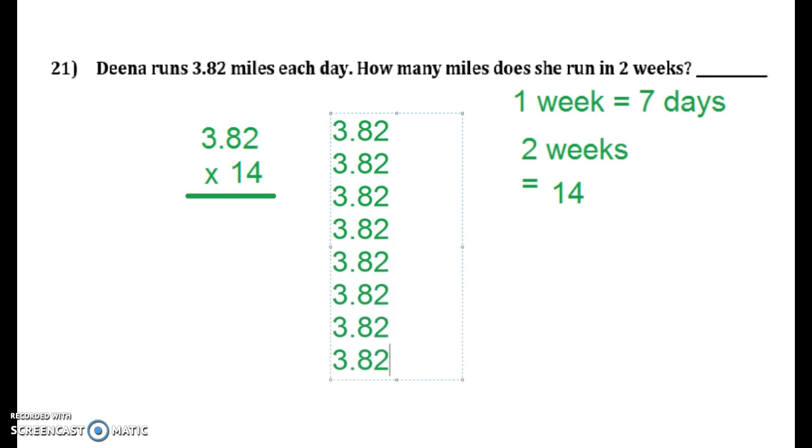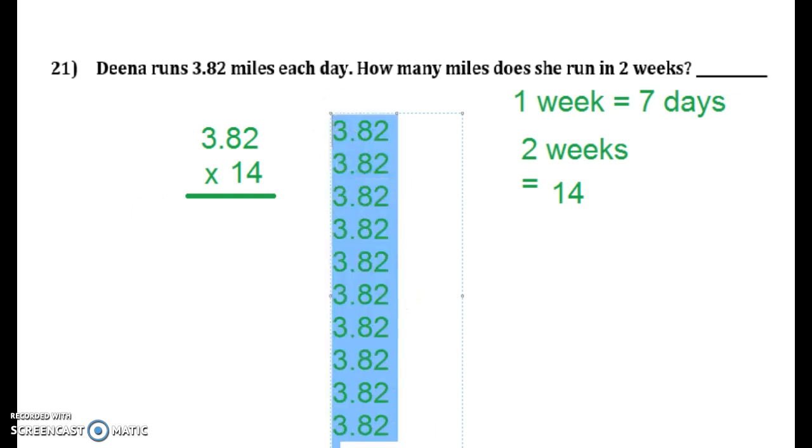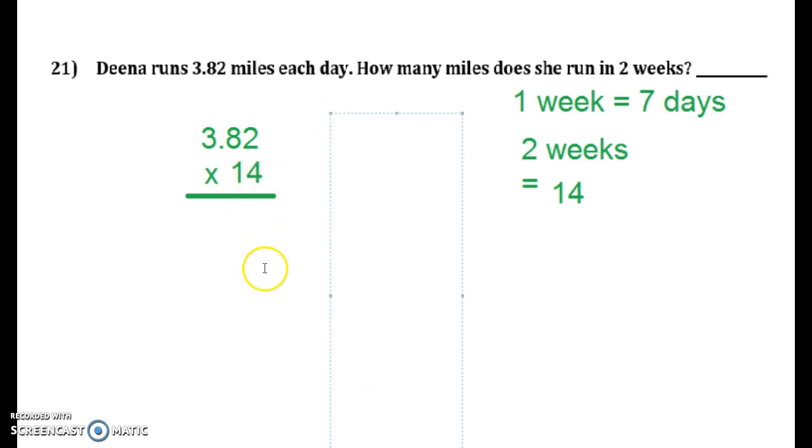And that's what multiplication is, repeated addition. So you would do it 14 times, 1, 2, 3, 4, 5, 6, 7, 8, 9, 10. I don't even want to keep going. This is too many. So do it the faster way, which is just multiplying by your number, instead of adding 3.82 14 times. All right, that's how you do number 21.